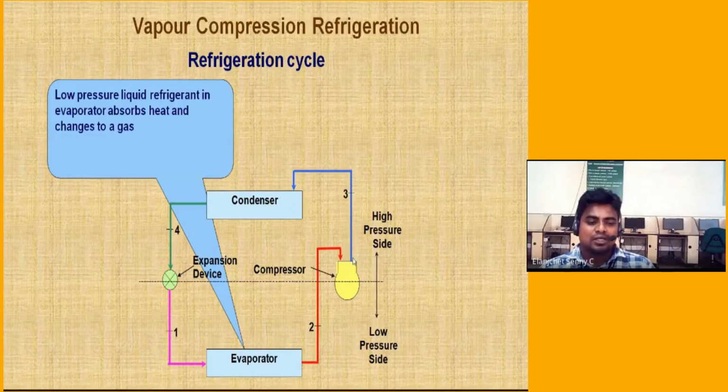Whatever substance is present in the evaporator gives heat to this low pressure refrigerant, then it is converted into gas. That is, when the low pressure liquid refrigerant passes through the evaporator, it absorbs heat and gets converted into gas. But the refrigerant that is given to the evaporator is normally in low pressure liquid form.